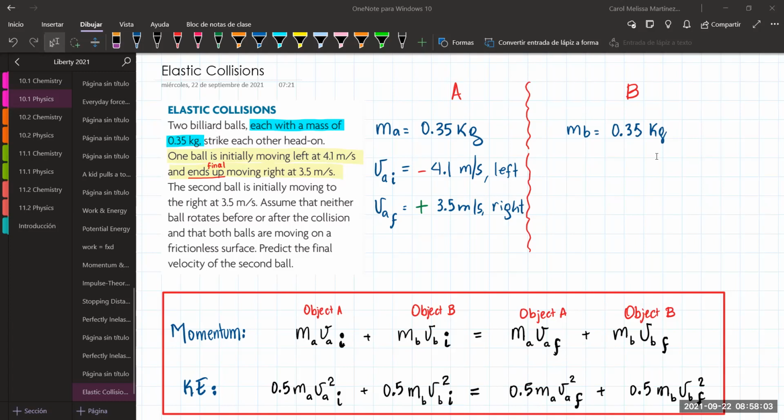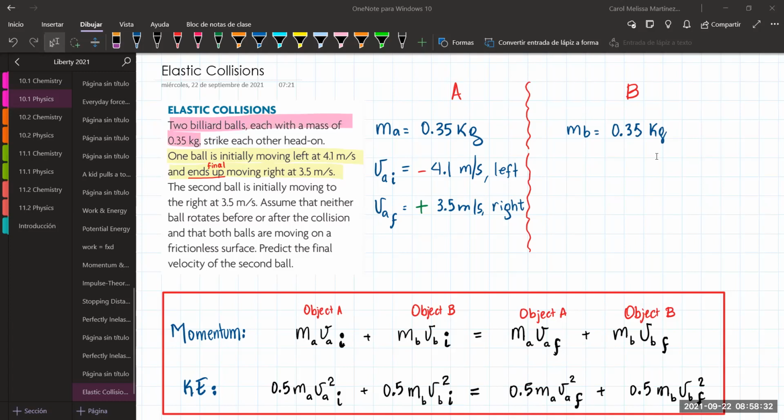Now, then it says, the second ball, now we're talking about the second ball, okay? Wait, okay, here I made a mistake. That is a common data.